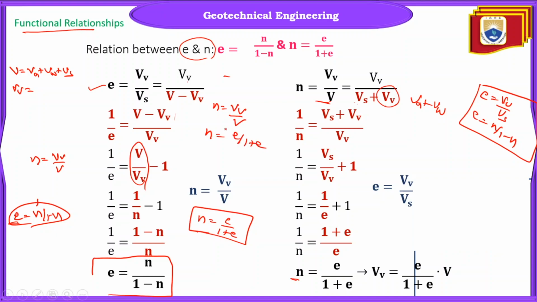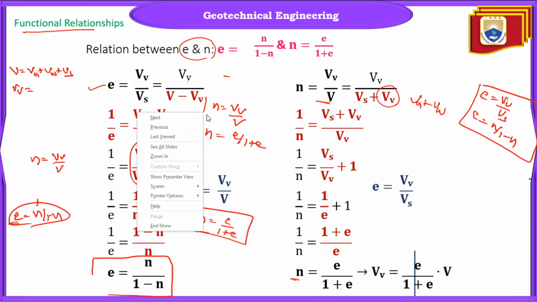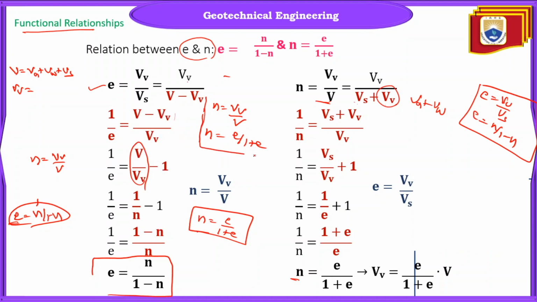Like this we get a few formulas which we will use significantly in the coming problems, while solving problems with these basic definitions and concepts, and for conversion into densities and mass densities.